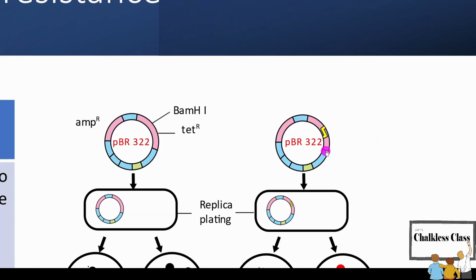Here we inserted this gene into the tetracycline resistance marker. When this is inserted, this plasmid loses the property to show resistance to tetracycline, but it can show resistance to the ampicillin antibiotic. So this is the recombinant plasmid, and this is the non-recombinant plasmid.